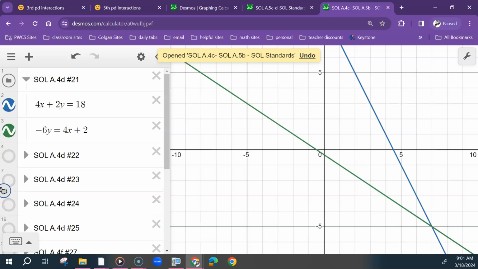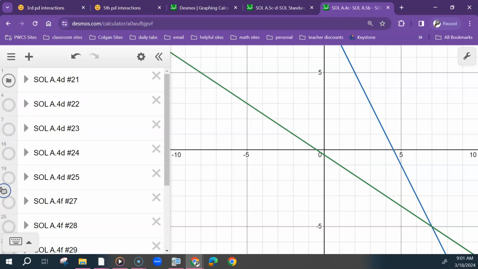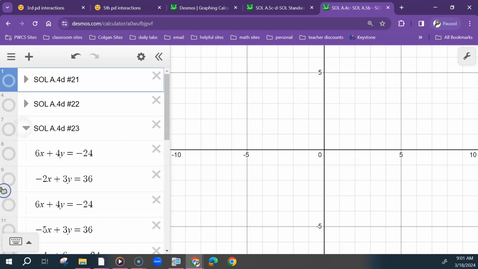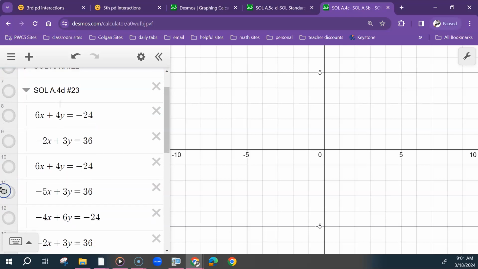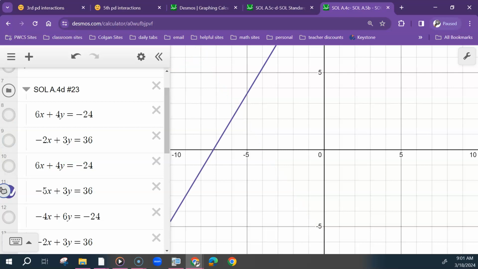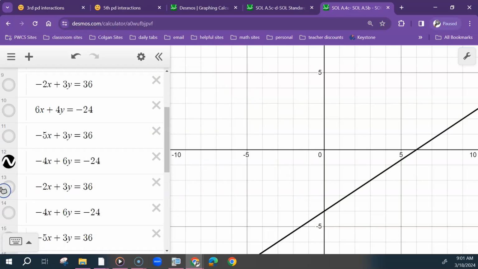So all of your systems questions, put those in, look at where they cross, and that would be your answer if you're looking for something specific. This one I think was a multiple choice. So if you were to look at 2 at a time, you could see where they cross. And I think this one was looking for which one doesn't have a solution, which was that one.